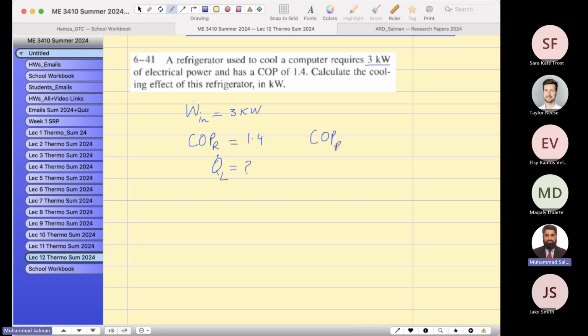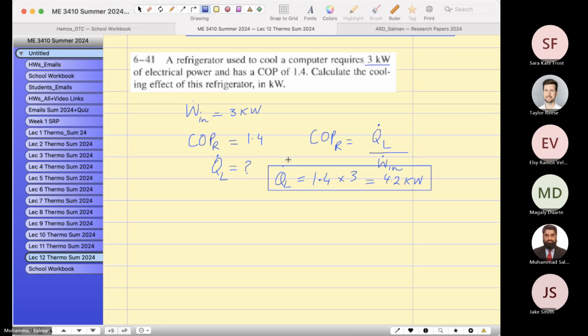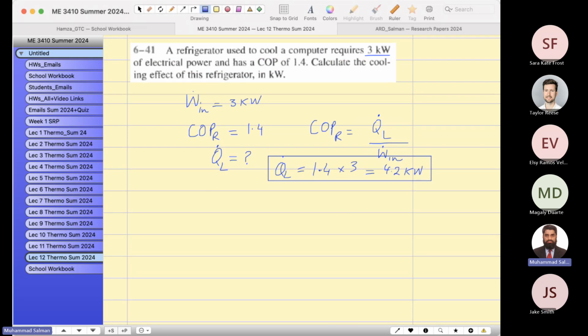So we know that the coefficient of performance of a refrigerator is Q dot L over W dot N, and this is 1.4. I would just say this is Q dot L. This is your answer. Please type in yes if you understood this question.